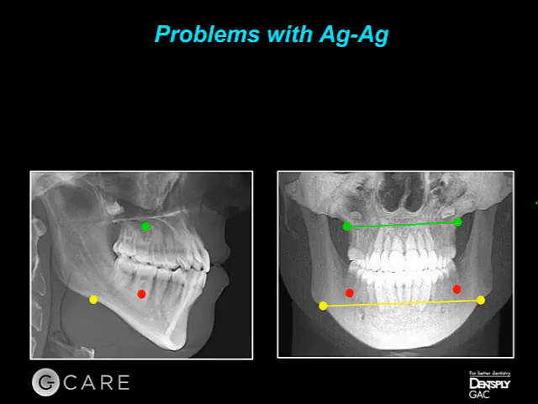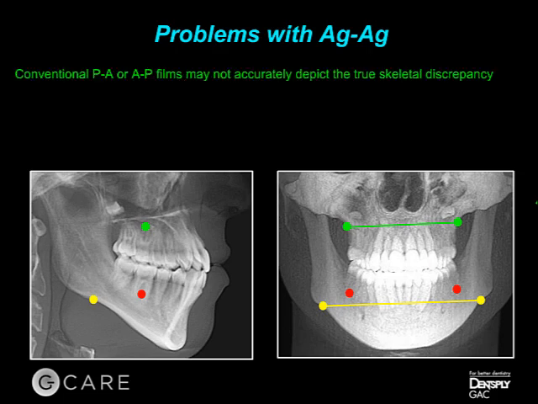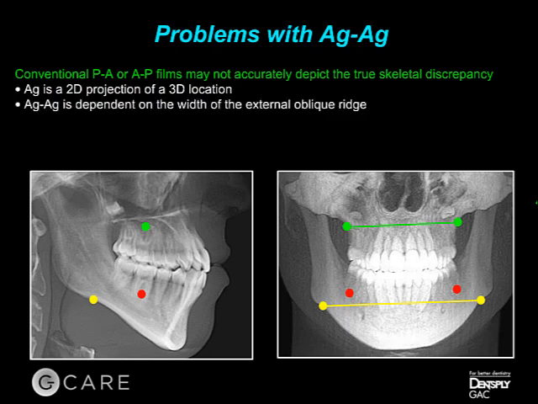So while this was great for its time, the problems that at least I start to see with AGAG are that we may not be able to really tell the true skeletal discrepancy because AG is actually a 2D projection of a 3D location. The anatomy of patients' external oblique ridge is variable. So even though the actual dentition and the base of the dentition may not change, this part out here by the external oblique ridge can vary from person to person.